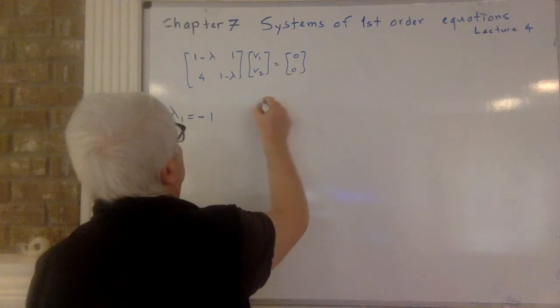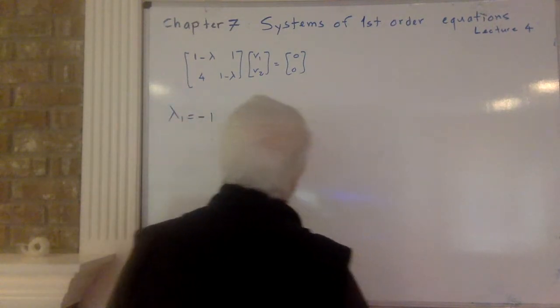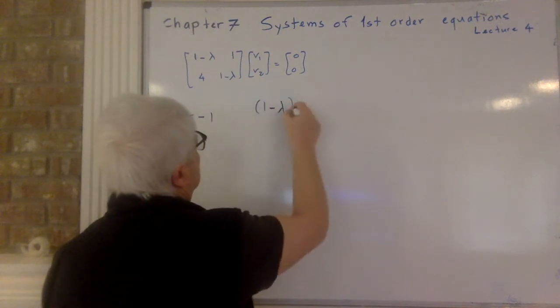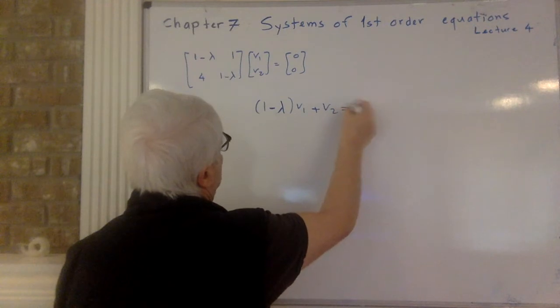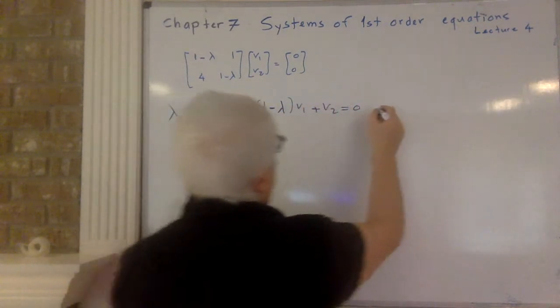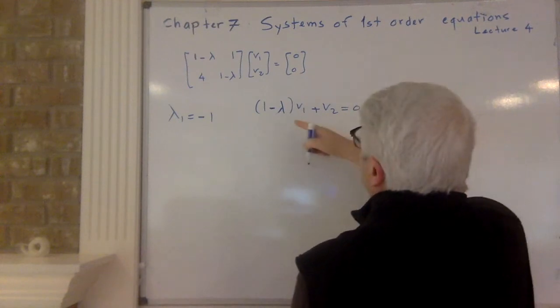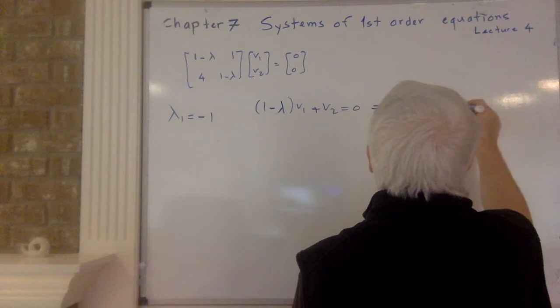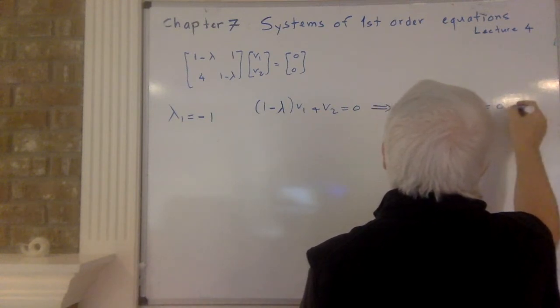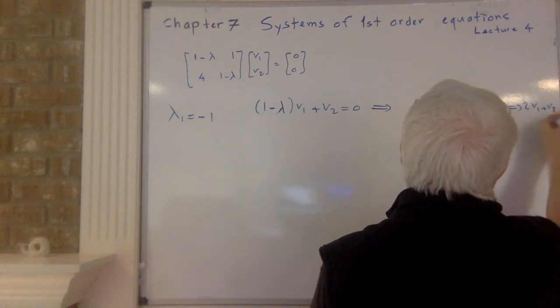So that's 1 minus lambda times V1 plus V2 is 0, right? So this will give me 1 minus lambda, that is 1 plus 1, times V1 plus V2 is 0, and that is 2 V1 plus V2 is 0.